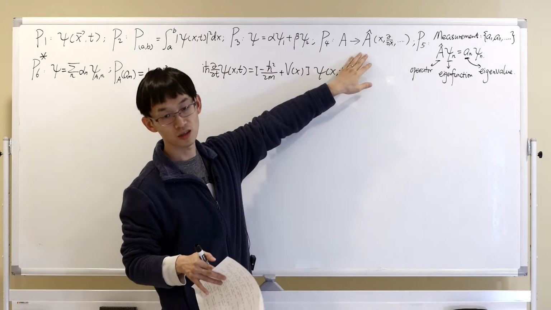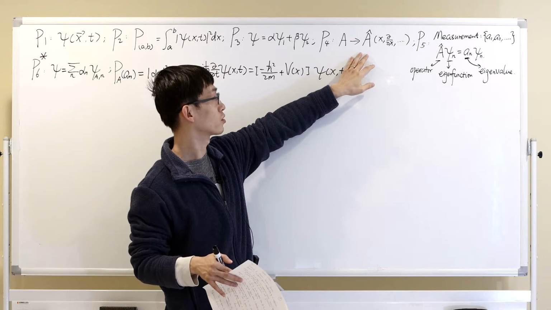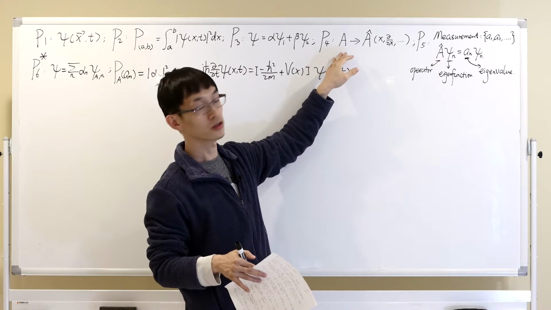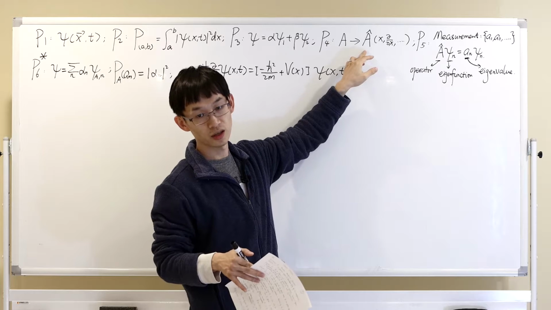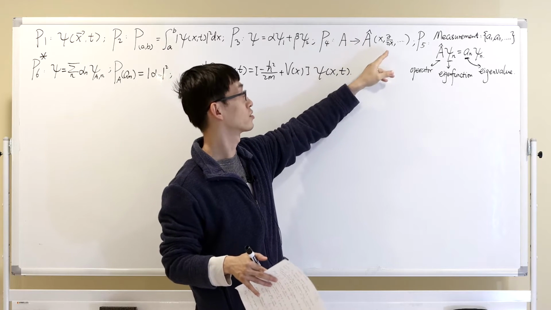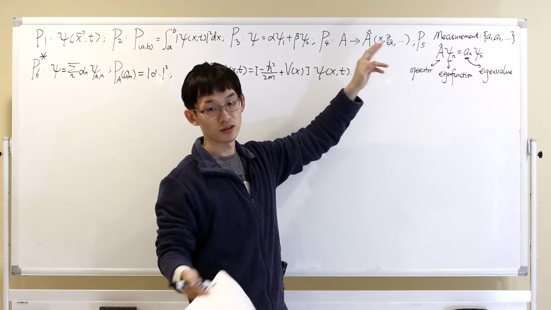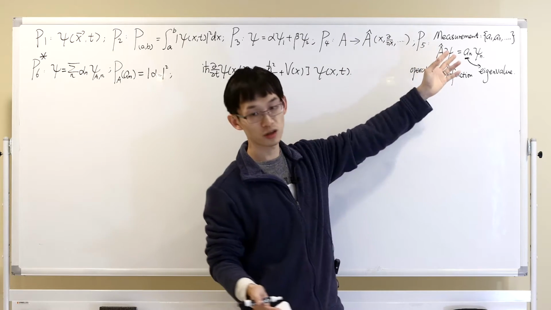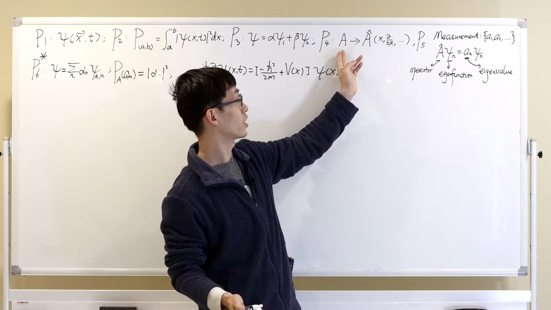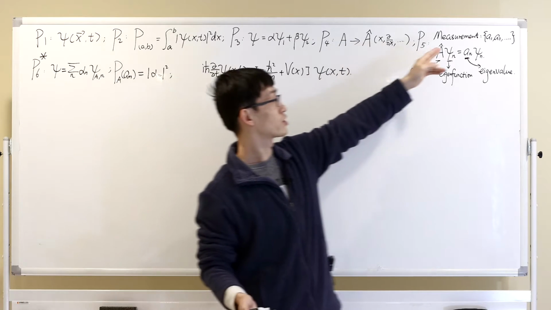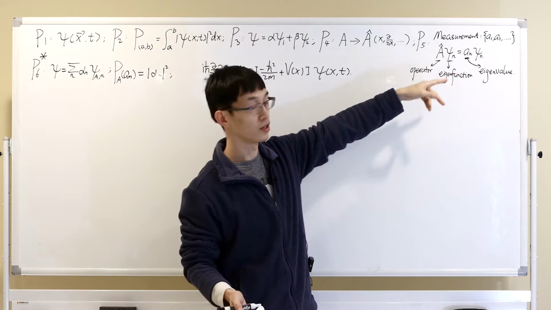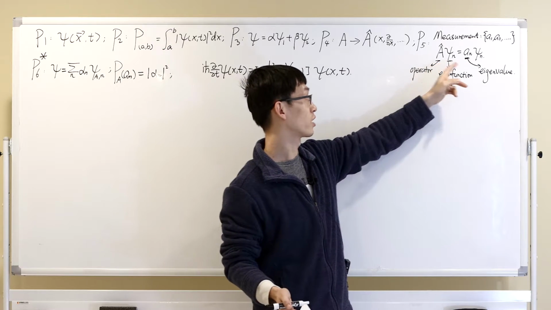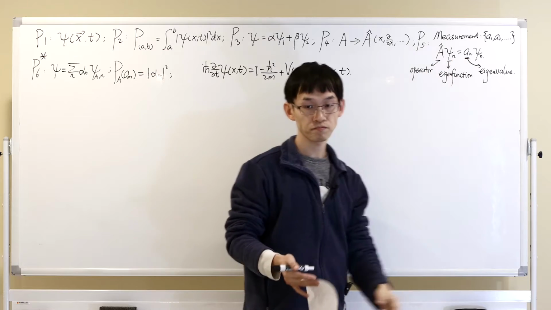The fourth is that any physical attribute that you want to measure corresponds to an operator. An operator can be a function of x, or differential of x, or even other things. And the fifth is that for a quantum mechanical measurement, for example, if you want to measure A, the measurement result can only be the eigenvalue of the operator A. The eigenvalue is defined in this way.